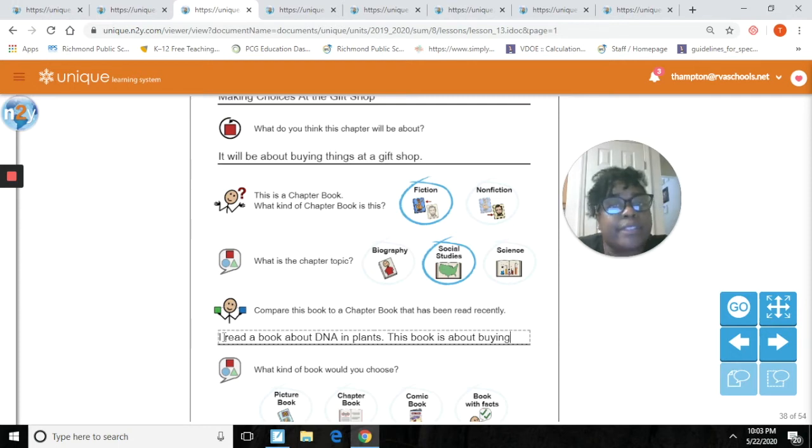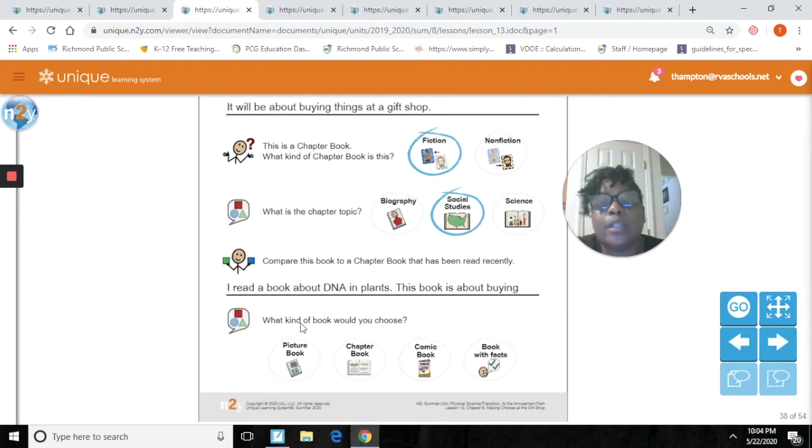That's the difference. One book is about buying things, but the other book was about DNA and plants. Two different topics. So that's what you're doing when you're comparing. All right, so now let's move on.